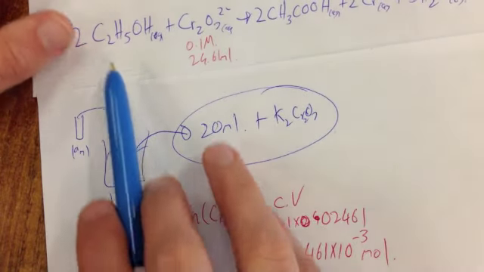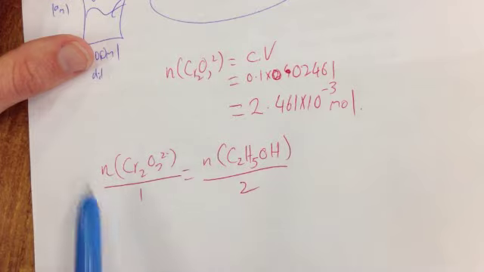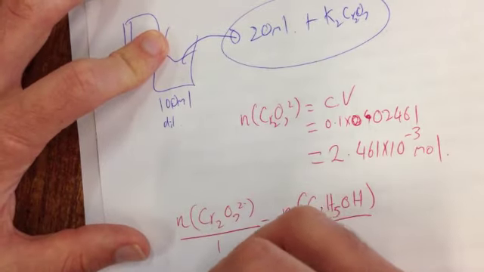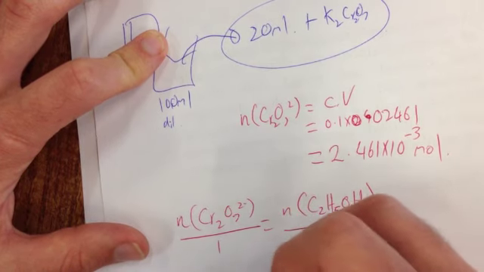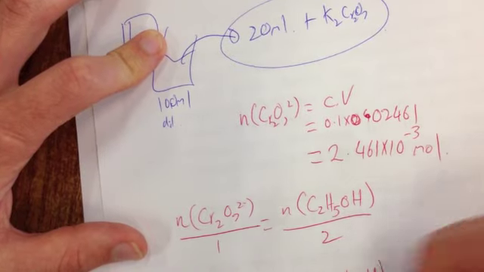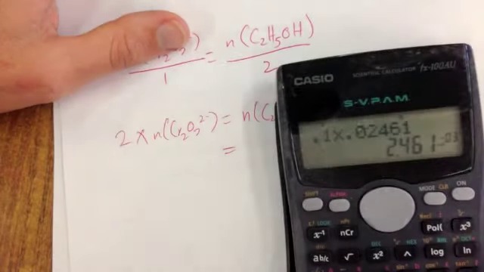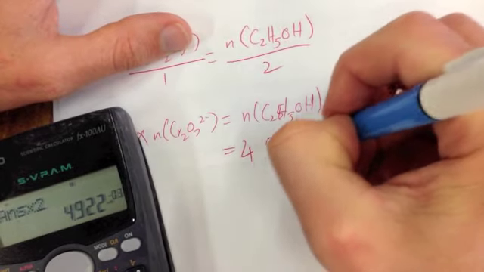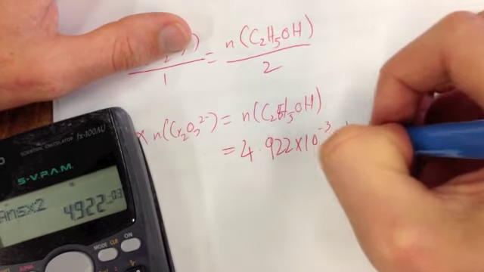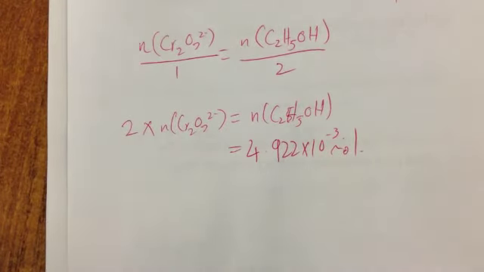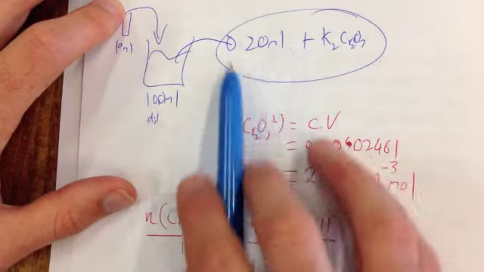You can see our ratio is 1 to 2, so 2 times number of moles of dichromate equals our number of moles of ethanol, which will be 4.922 times 10 to the power of negative 3 mole. Okay, so we have our moles of ethanol in our 20 mils here.